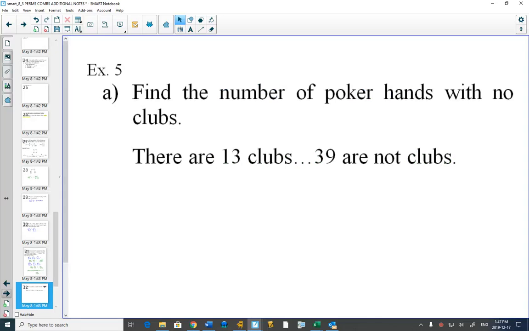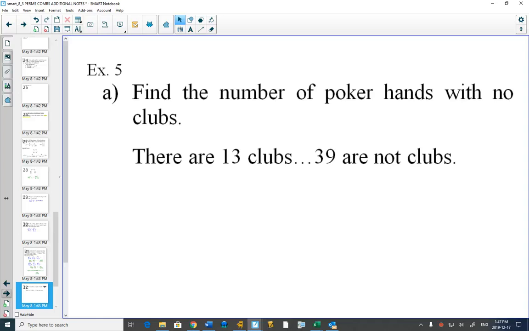Okay, getting back to poker hands. So we now want to count how many poker hands have no clubs. If I wanted to randomly pick 5 cards, 1, 2, 3, 4, 5, could I get no clubs?